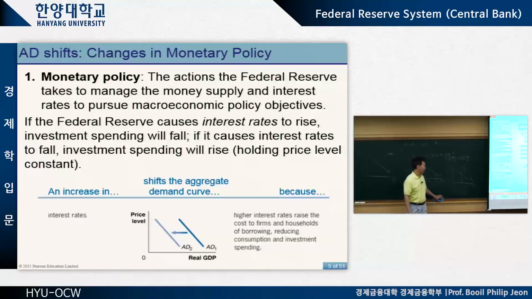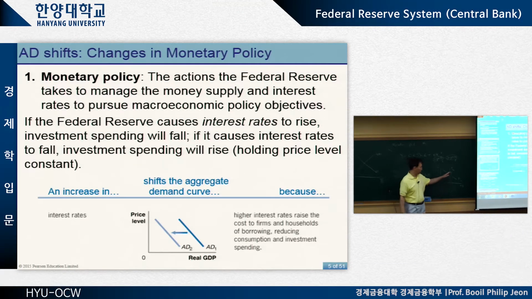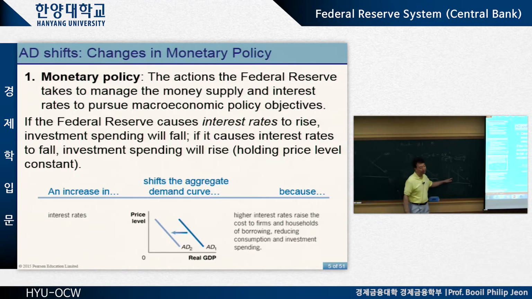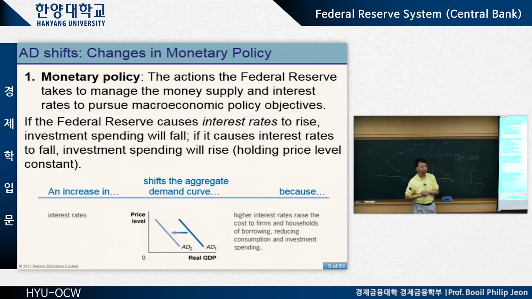Okay? When we talked about the supply of loanable funds, we talked about the upward sloping supply curve, which means, well, if the bank pays higher interest, then the households will save more, because they can get the higher interest on their money. If the interest rate is low, then the amount of money that the households will save will be smaller, right, which is true.